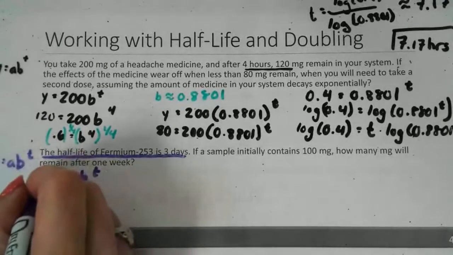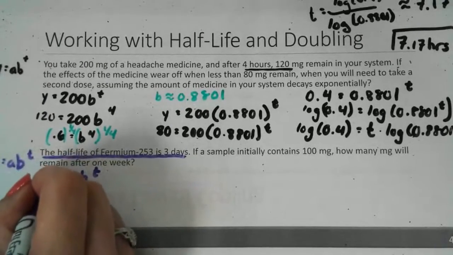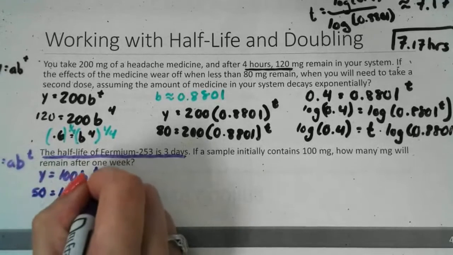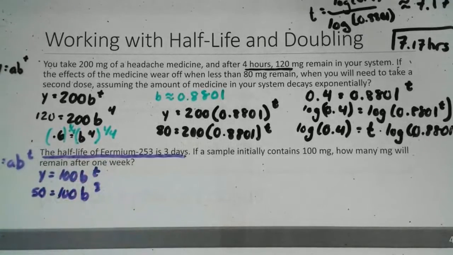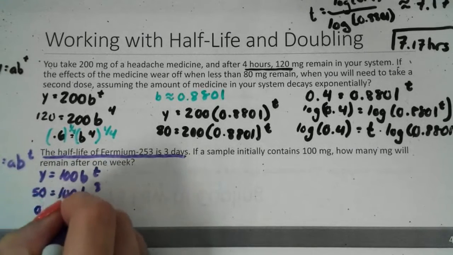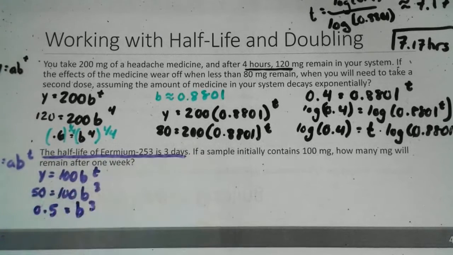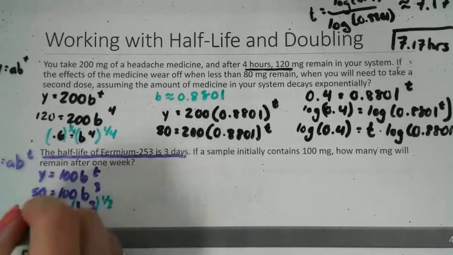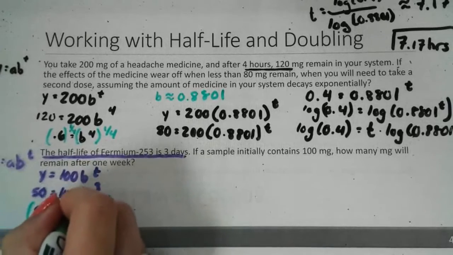If we started with 100, we're going to be down to 50. So 50 is equal to 100b cubed. I can divide both sides by 100, so 0.5 is equal to b cubed. And I'm going to raise both sides to the 1/3 power to solve for b.